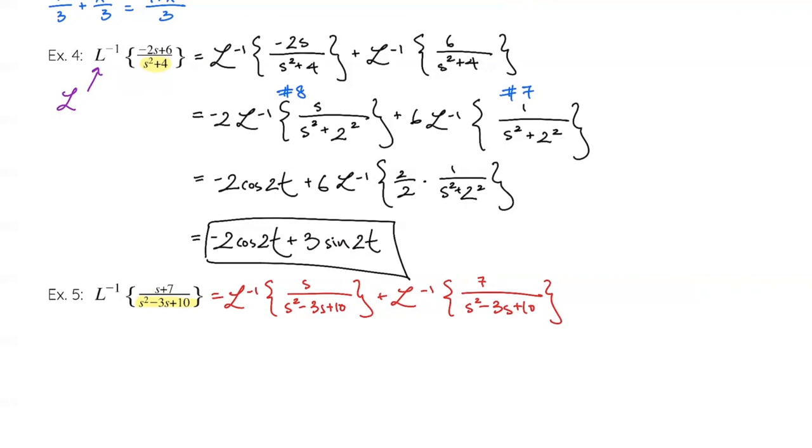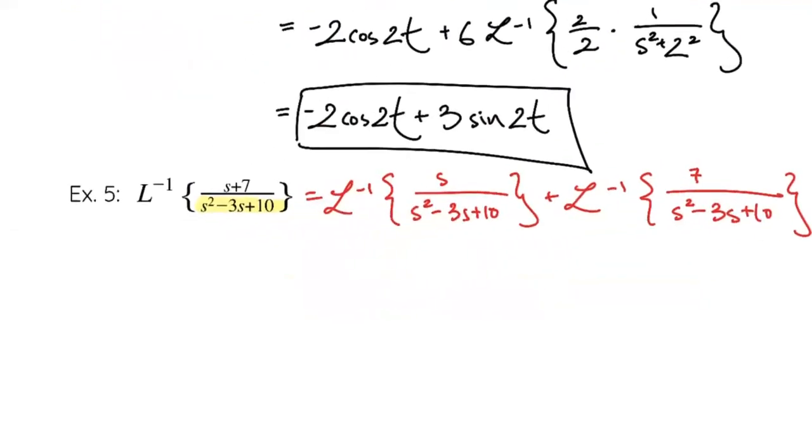And so what we're going to use here is instead of splitting them, we're going to factor that denominator and see if we can rewrite this using partial fraction decomposition, okay? And so let's try that out.